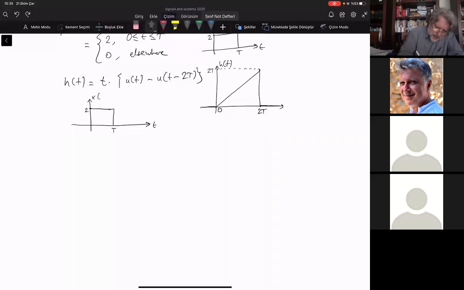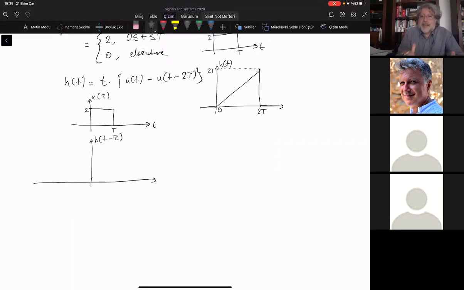This is x of tau. And then I will draw h of t minus tau. And then I will multiply them.